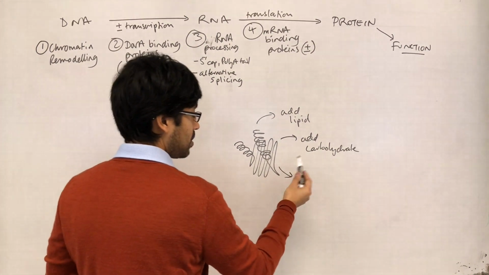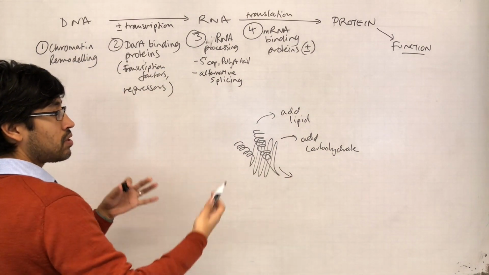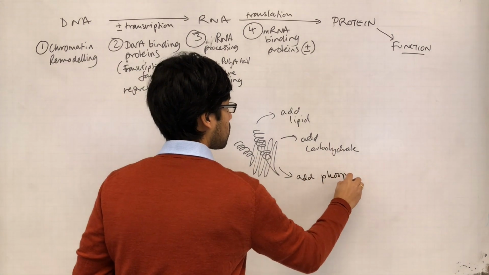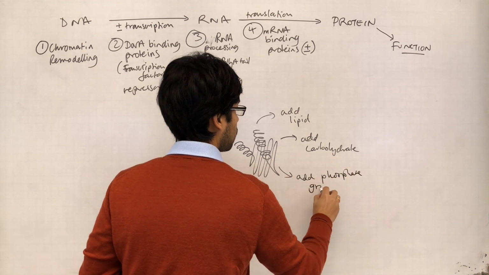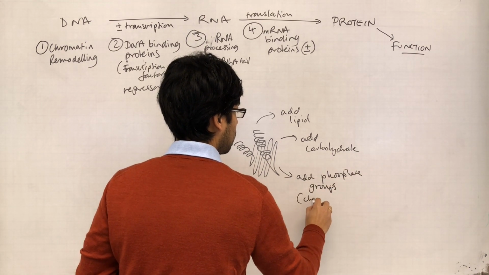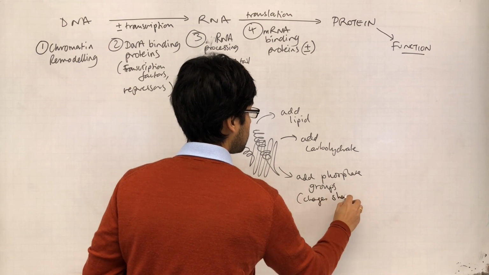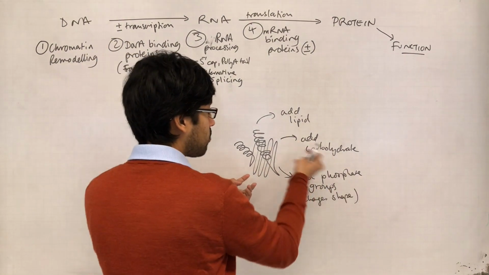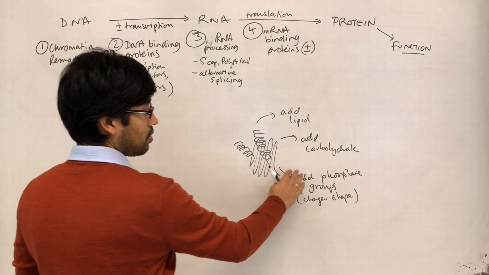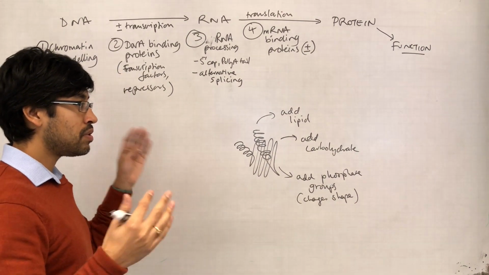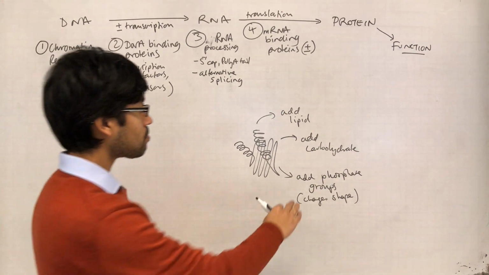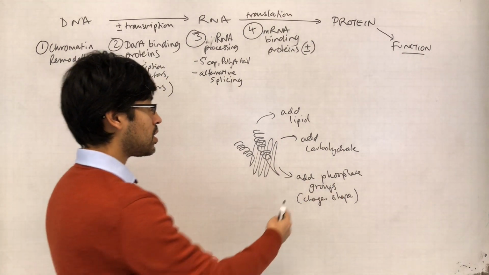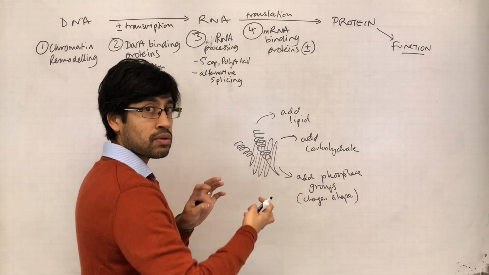You can have, and this is one of the big ways that protein function is regulated in the cell, you can add phosphate groups. Okay? Now this changes the protein's shape and behavior. So some proteins are activated when you add a phosphate group to them, because adding a phosphate group, highly negatively charged, is going to affect the tertiary structure.